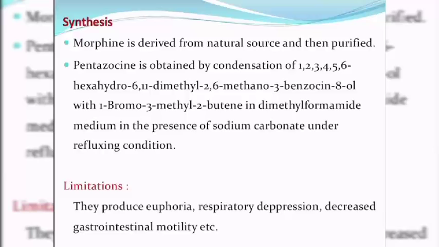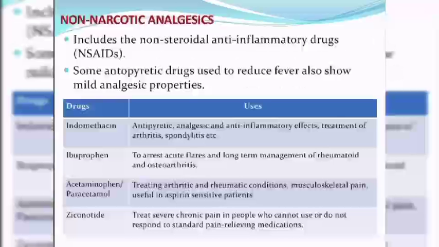Next, respiratory depression: we might feel difficulty in respiration, and decreased gastrointestinal motility. Next is increased biliary tract pressure, that is, increased secretion of bile juice, etc. These are some of the limitations of narcotic analgesics.